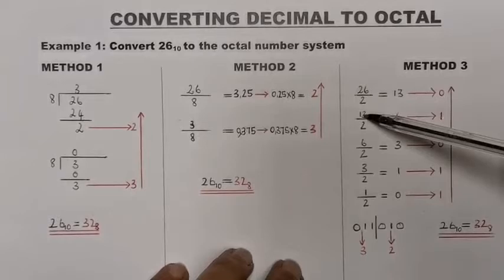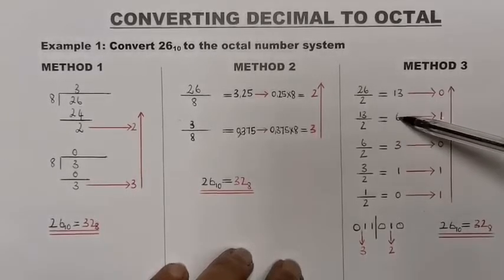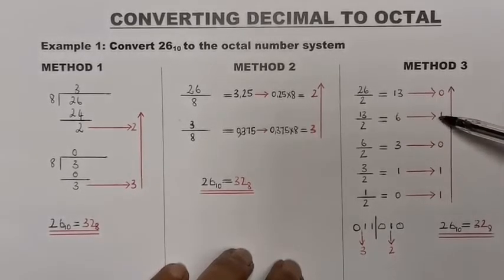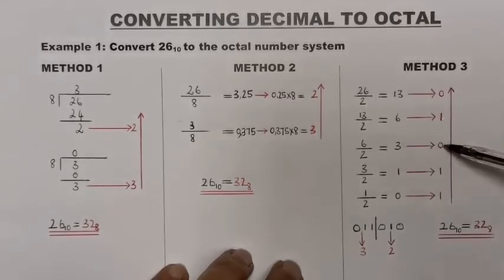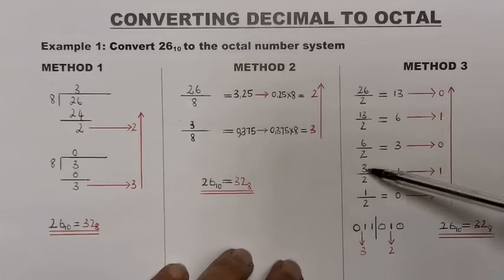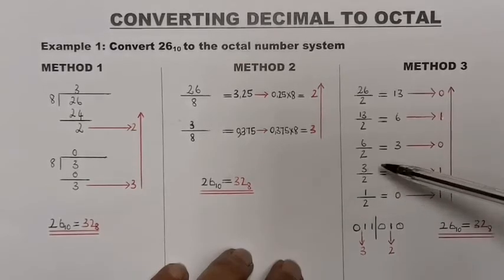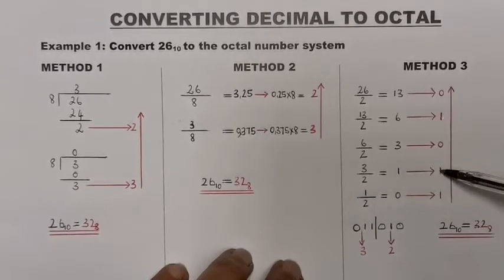I bring the 13 down. 2 goes into 13 6 times, and I have 1 left. 2 goes into 6 3 times, and I have 0 left. Bring the 3 down. 2 goes into 3 once, and I have 1 left.